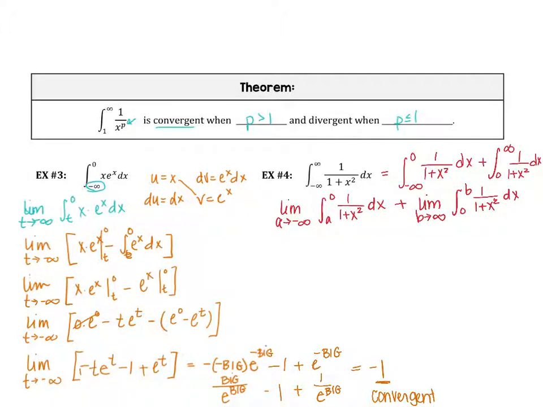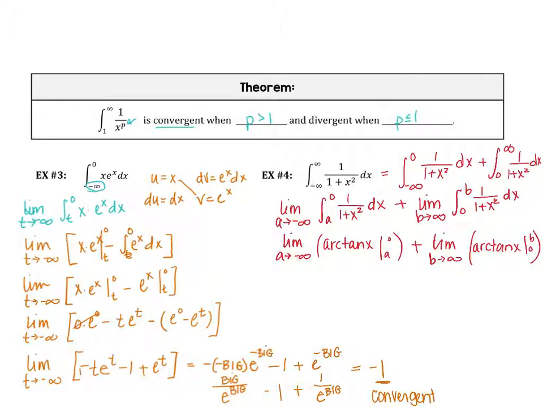All right, so that looks like if we integrate 1 over 1 plus x squared, that's going to be our inverse tangent. So we have the limit as a approaches negative infinity of arctan, or inverse tangent, however you want to write it, of x, and I'm evaluating that from a to 0, plus, and the same thing's going to be over here, but I have the limit as b approaches infinity of arctan of x evaluated from 0 to b.